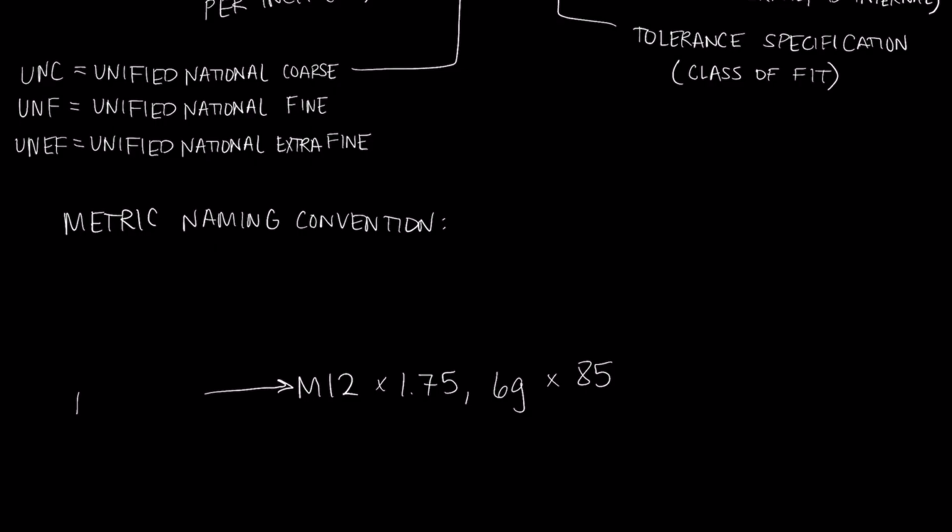So the M simply means that it's a metric bolt. Nothing special there. The 12 tells us the diameter. And again, it's going to be the outer diameter of the bolt. The 1.75 tells us something similar, analogous to threads per inch, but instead of giving it to us in threads per inch, they tell us the pitch.